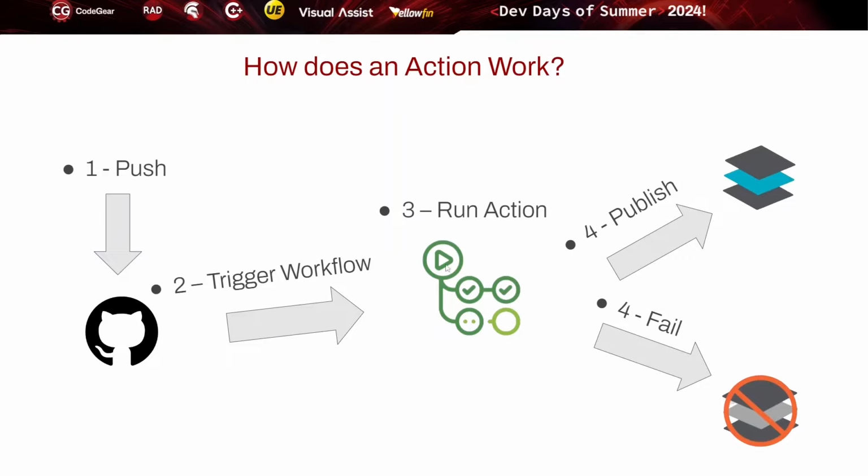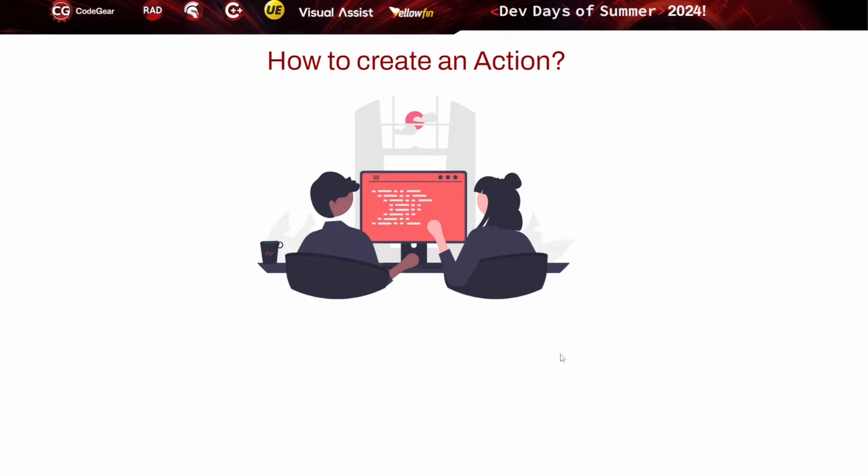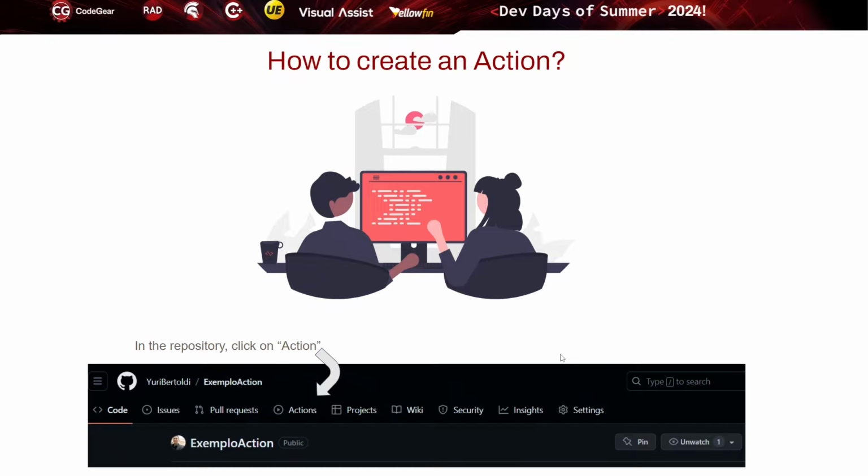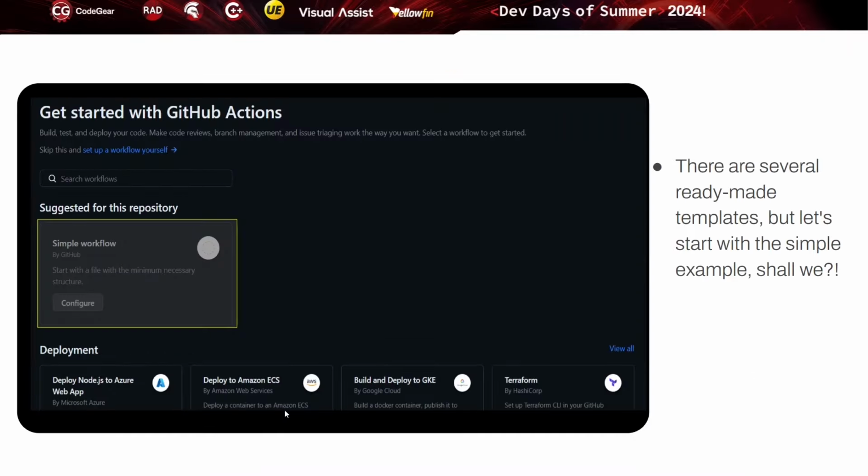Okay, so we have this option inside the action to go to the normal flow of the workflow, or generate a fail path. And how to create an action? Well, like I showed you, you can go to your GitHub account and click here in Actions, and after that you can generate.